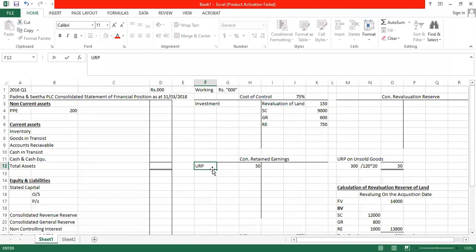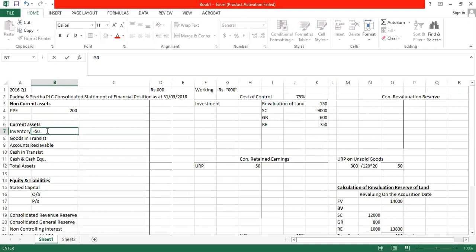Now the inventory is with Sita PLC. So when you are adding Sita PLC's inventory in the consolidated column here, which is the group statement of financial position, under inventory, when you get the summation of the companies' inventories, you have to deduct this 50 from the inventories of Sita PLC.